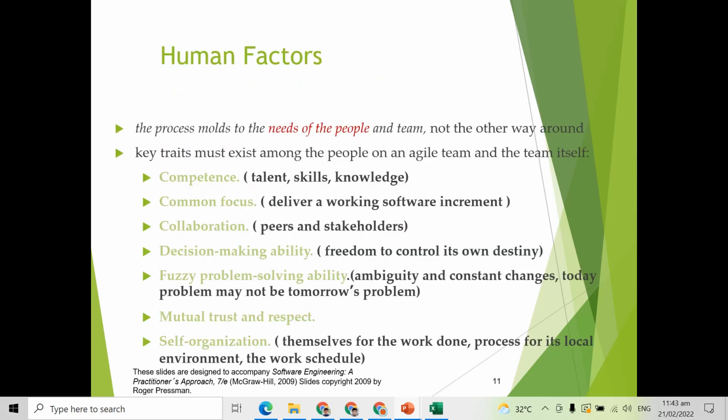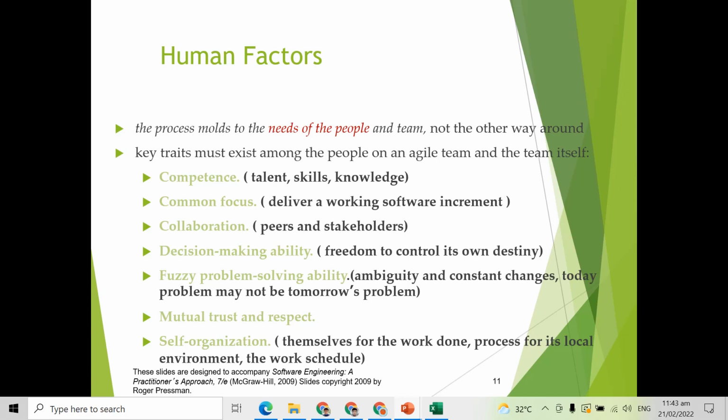So for the human factors, the process molds to the needs of the people and team, not the other way around. So for the key traits, these must exist among the people on an agile team and the team itself. For competence, these are the skills, talent, and knowledge. Then the common focus, to deliver a working software increment. For collaboration, peers and stakeholders.